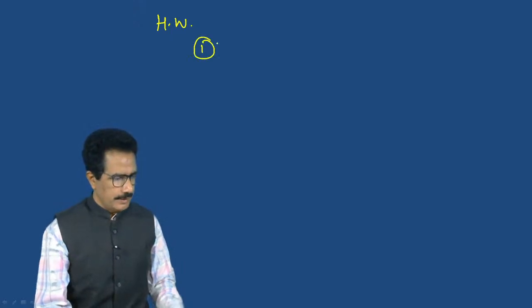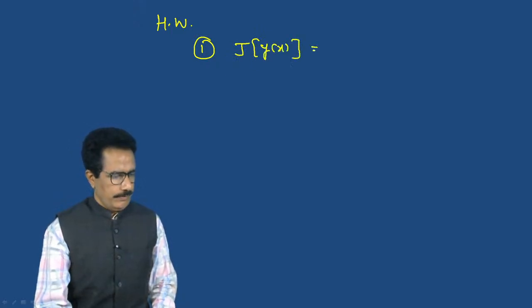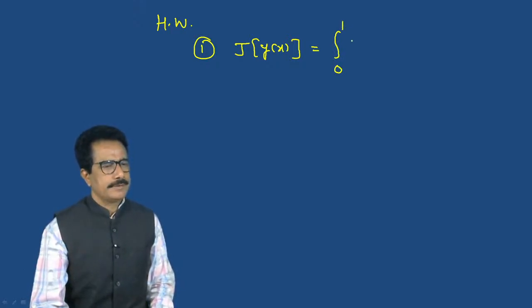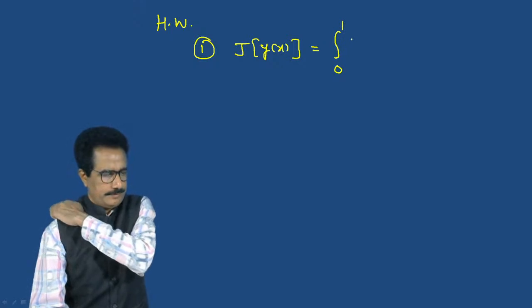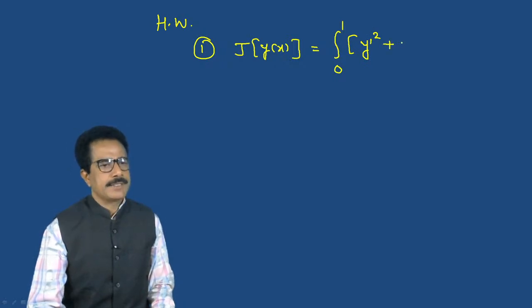First, j of y of x is equal to the integral from 0 to 1 of y dash square plus 4x into y dx.